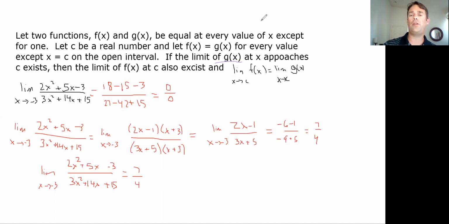Well, that's not the only way we can factor out, or that's not the only way that we can evaluate something analytically. Let's take this one. The limit as x approaches 0 of root x plus 9 minus 3 all over x.